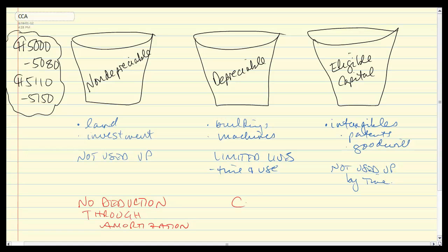Here we're going to take this thing called CCA. Annually, we will take a little piece of this depreciable asset to the income statement for tax purposes, similar to what we do for financial accounting. And then the last one is very similar in concept, but it's just done differently. And again, it's done annually, but under a different system.